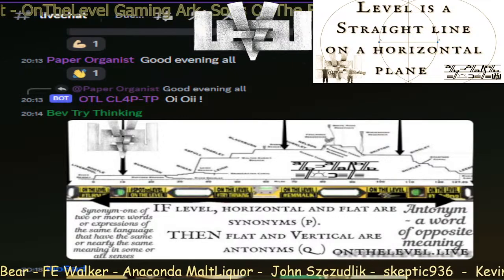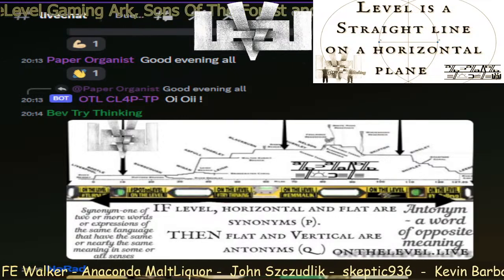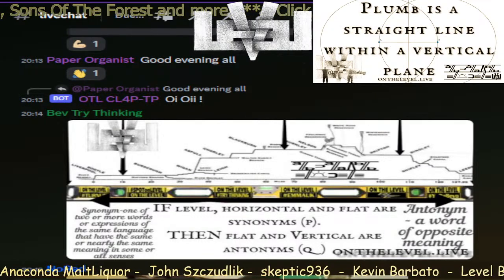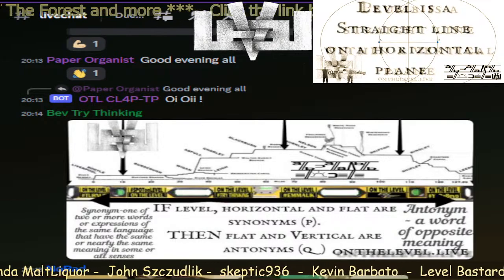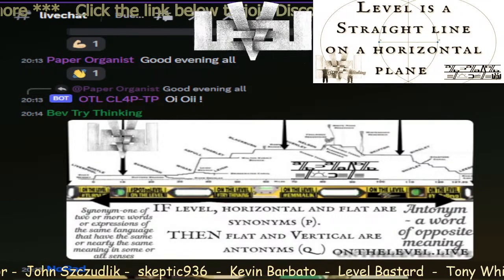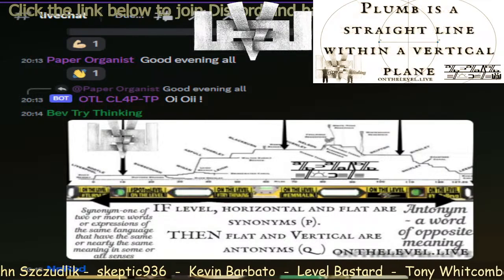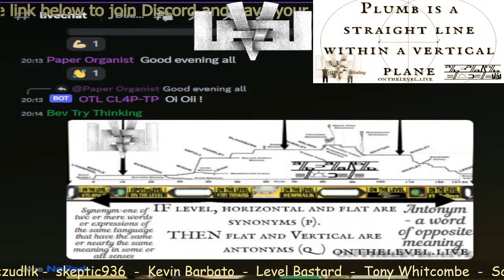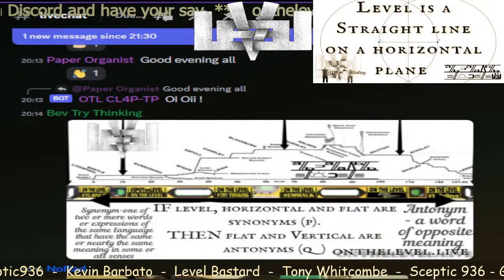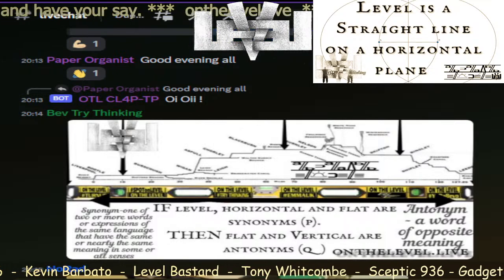Yes, I would say that level creates horizontal. And this is in the definition of what a level tool does. So level establishes horizontal. So if you have level, therefore you have horizontal. Yeah.